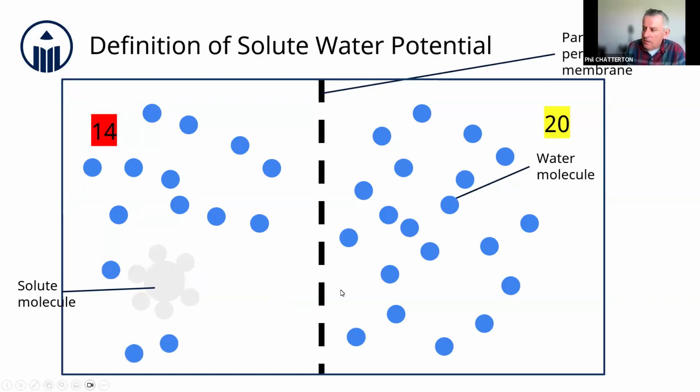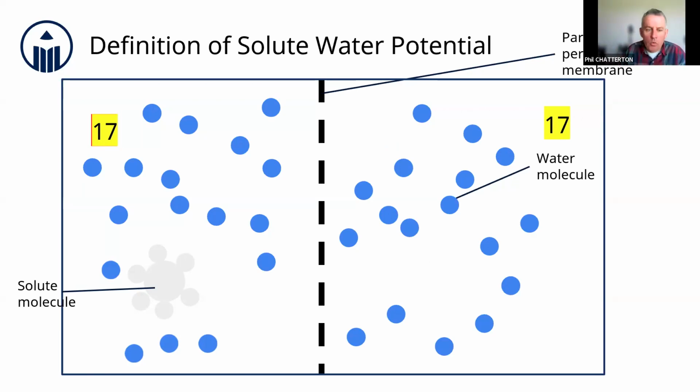Well, what that means is that there's a statistically higher chance that water will pass from right to left than it will do from left to right. Water can still pass from left to right through random motion, but what eventually happens is you get this net movement of water such that eventually you'll have a relatively equal concentration of water on both sides, up to a point, okay? It's to do with the probability that water moves from right to left is greater than it would be from moving left to right.